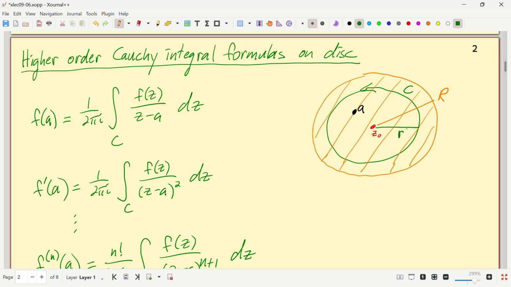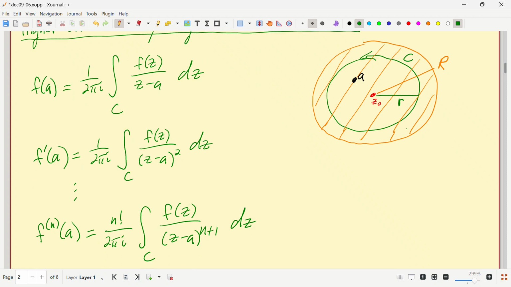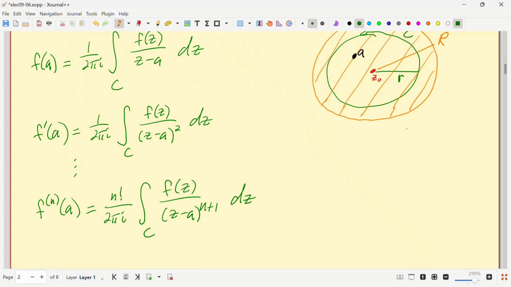Well, the Cauchy integral formula I proved last time is the first one there, and when I apply that fact about differentiating under the integral sign, I get a higher order Cauchy integral formula. As the remark, I can do that again and again and see that f is infinitely complex differentiable, and in the formula there, if I do it n times, I get an n factorial in front.